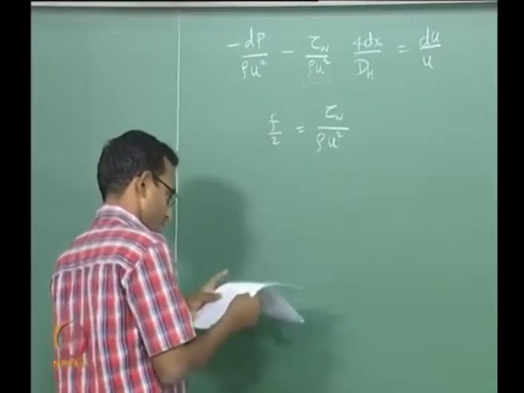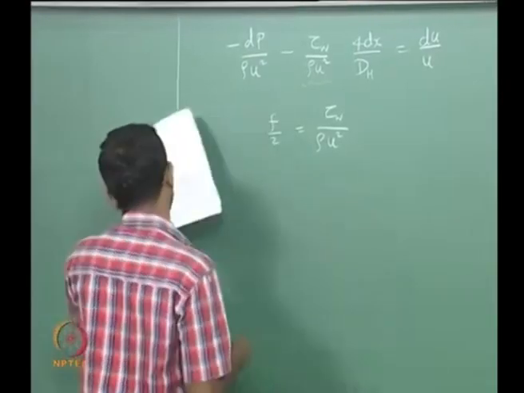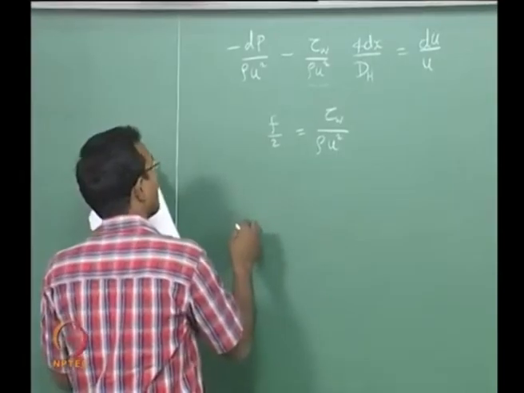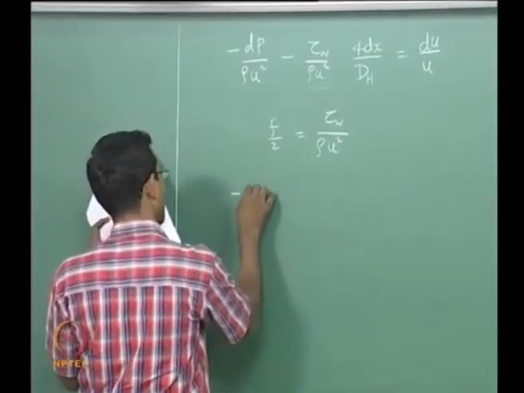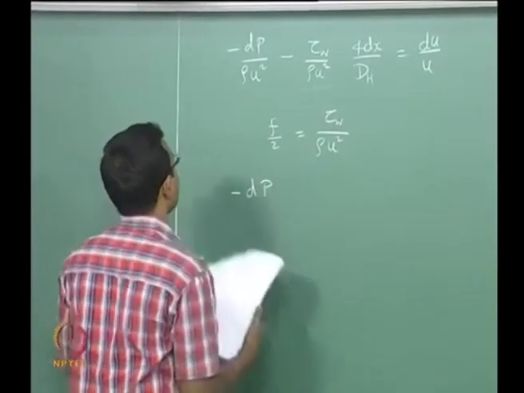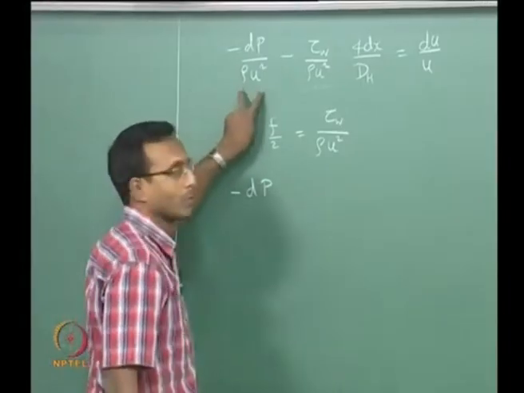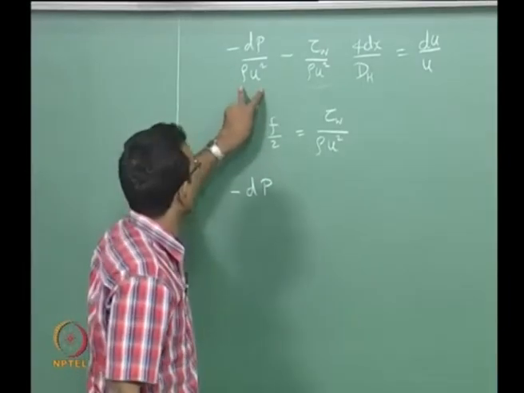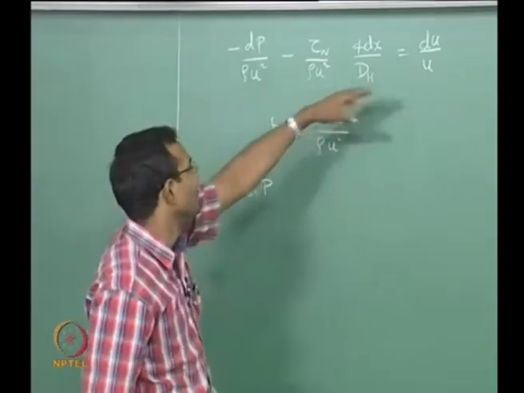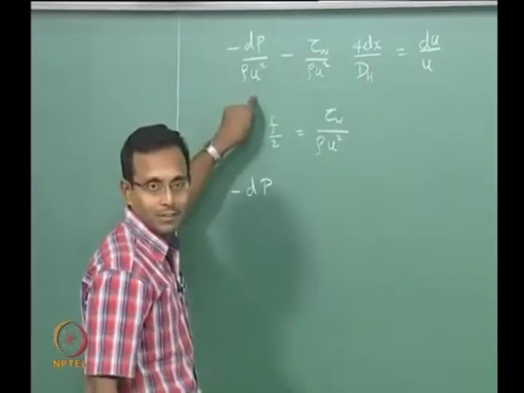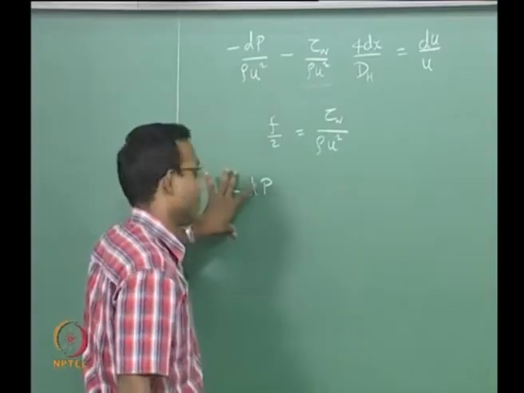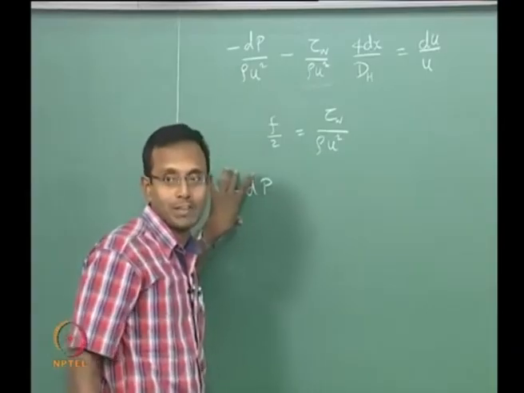Now we will start using this relation inside there and rewrite this. I want it as dp by p instead of rho u square. Previously I wanted it to be du by u, so I divided by rho u square. Now I want it to be dp by p because I have an expression for dp by p already.